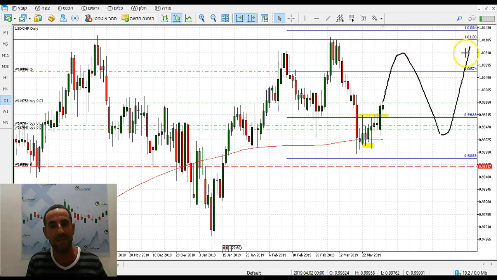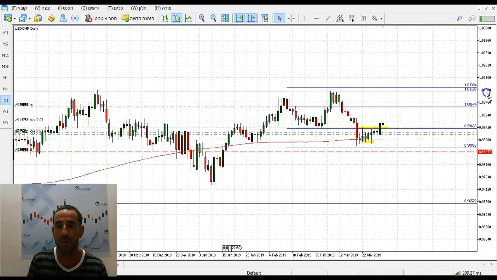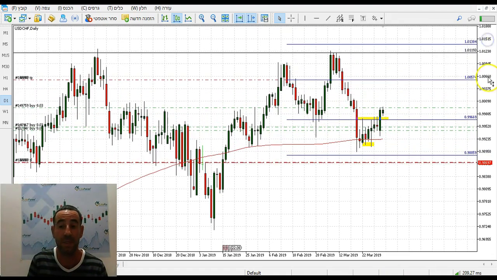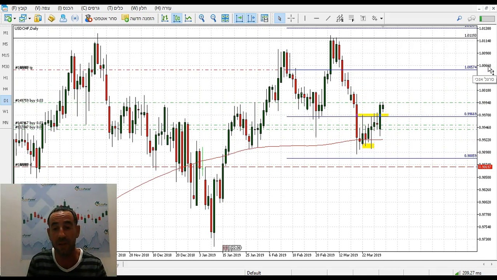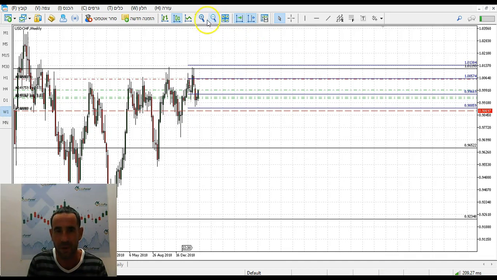So once I see clear intentions of breaking that area, 101.19 and the top resistance level 101.13, then of course I will be chasing the next move, the continuation of that move all the way to 103.40. Let me show you where this level is coming from.